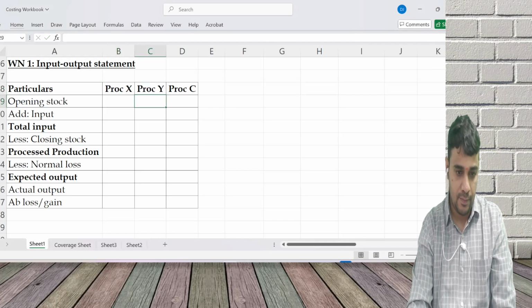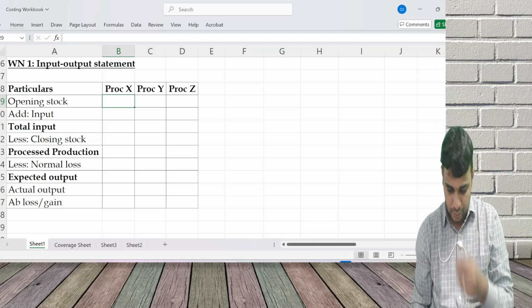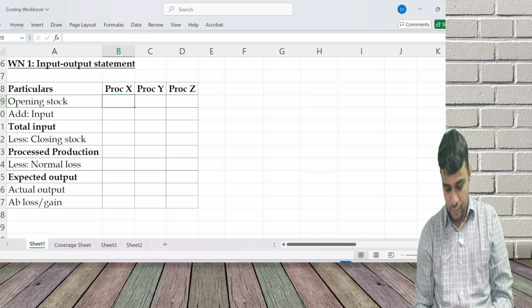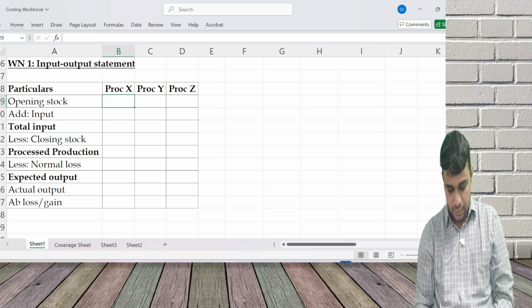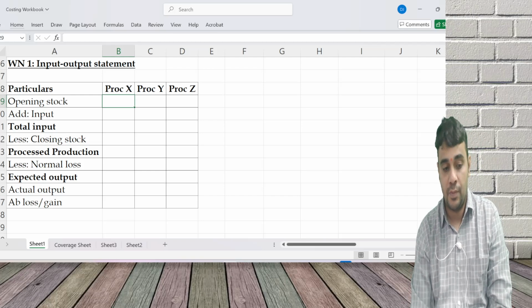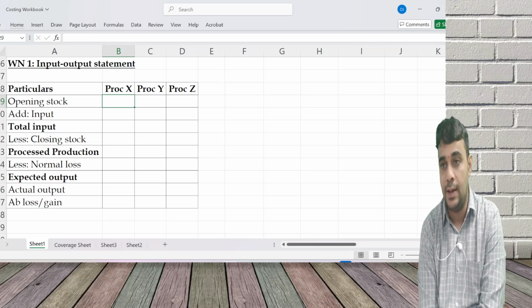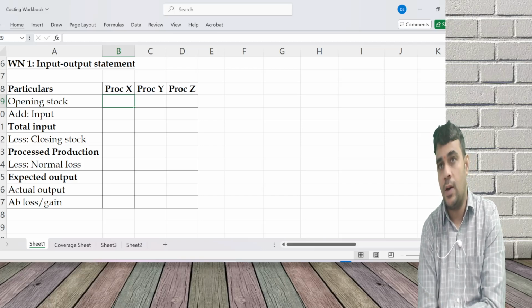Process X, process Y, process Z. Particulars: opening stock, add input, total input, less closing stock, process production, normal loss, expected, actual, abnormal loss or gain. We will get stuck in process Y. We'll see what we can do.